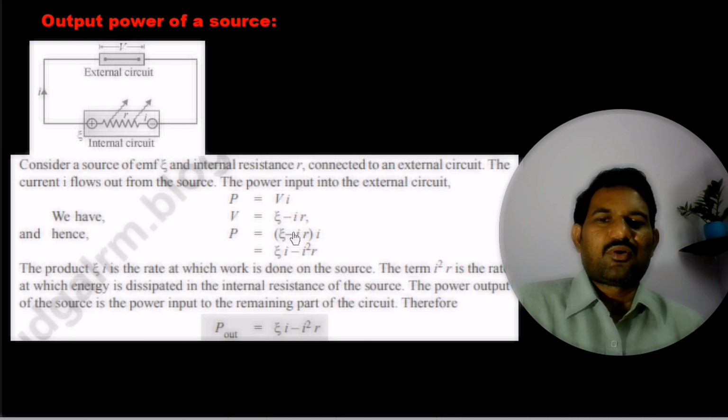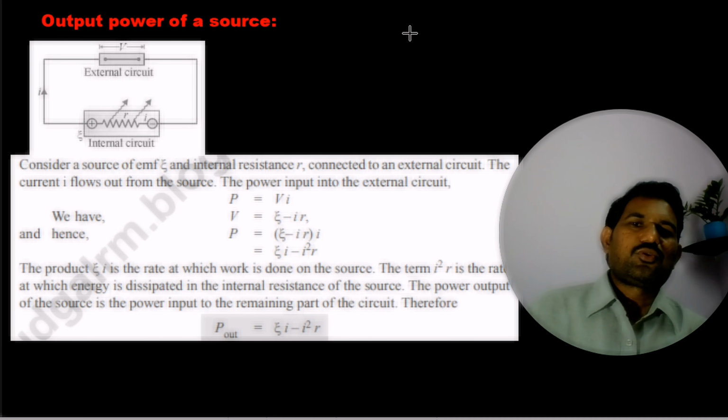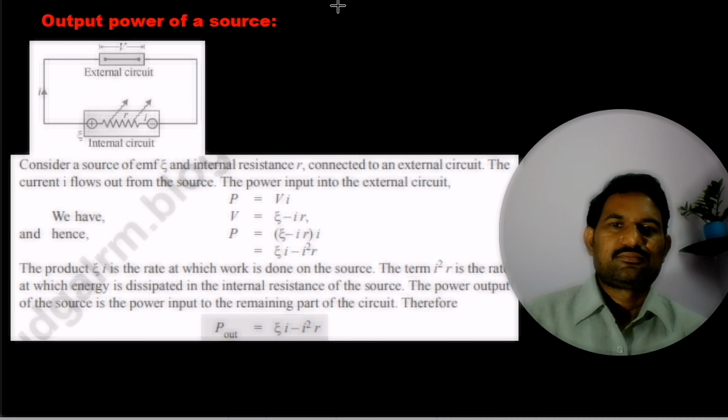Therefore the power output of this cell is E minus IR into I, which is given by this expression. So the output power is E into I minus I square R.